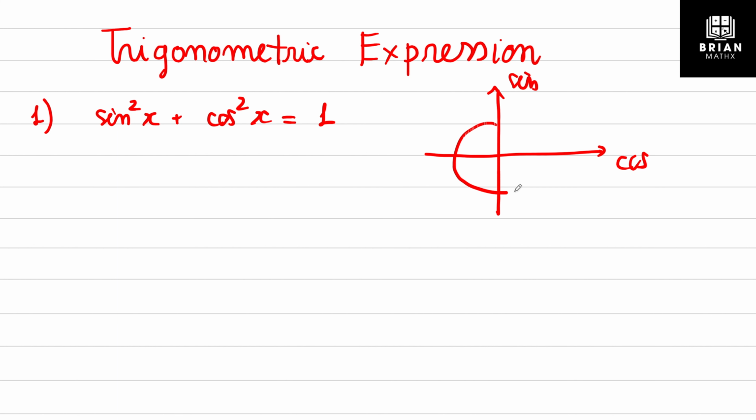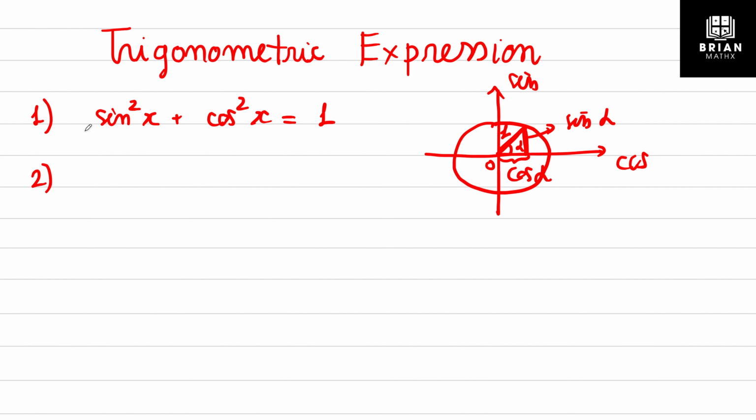You have a circle with radius equal to 1, and if you have any angle in this position, this one becomes sine alpha, and this one becomes cos alpha. Because we use Pythagoras, and the radius equals 1, you get sine square plus cos square equal to 1 square, and we have this equation.